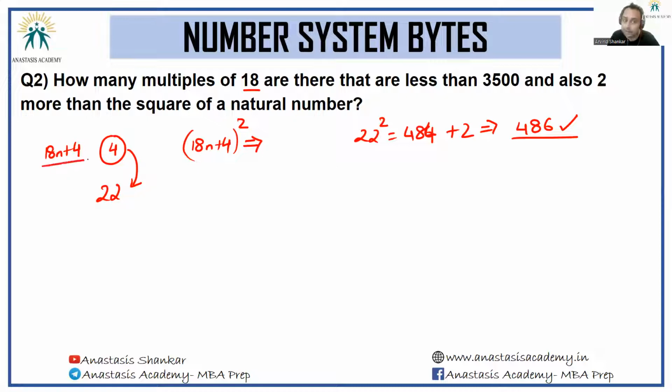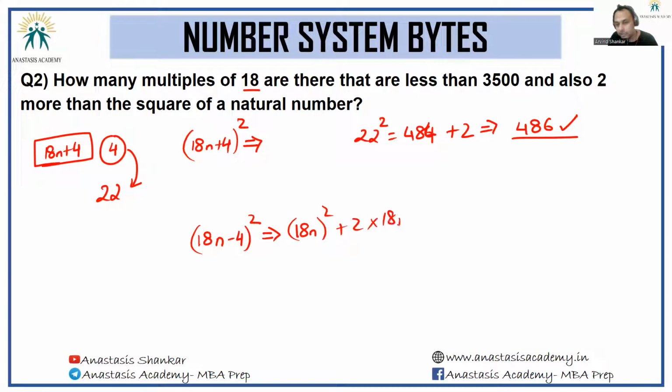In fact, this initial 4 is also a hint. If it works for 18n plus 4, it should also work for 18n minus 4. Because even when you square this up, you will get 18n whole square plus 2 into 18n into minus 4, plus 16.